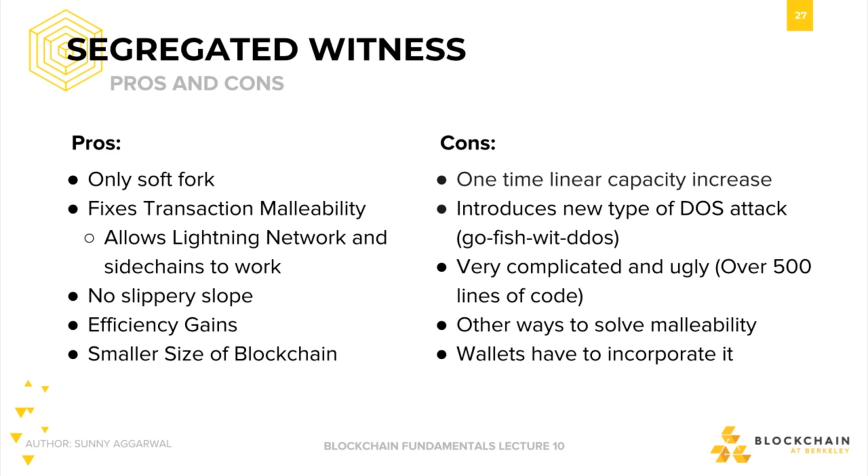So if you have a check that your bank gives you and say it's dependent on your signature, if you slightly modify your signature, it's still you who's signing and it's still your check, but the check's unique ID number changes, so the transaction which you sent becomes invalid. And that's a cryptographic vulnerability which you can solve by removing the signatures from the transaction. And that basically allows Lightning Network and sidechains to work.